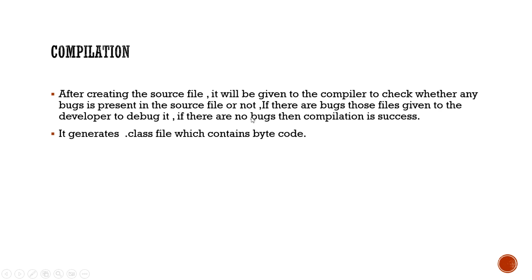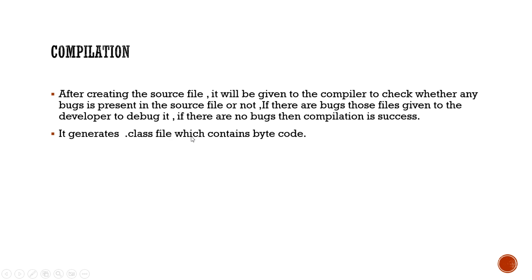If there are any bugs, the compiler will highlight them to the developer to debug. Debug means to clear or fix the bug. If there are no bugs, compilation is a success. This is called compilation.